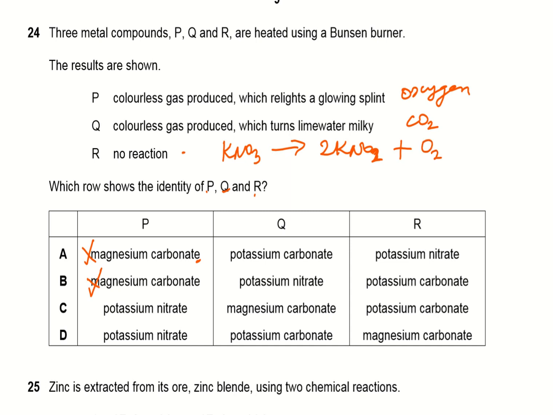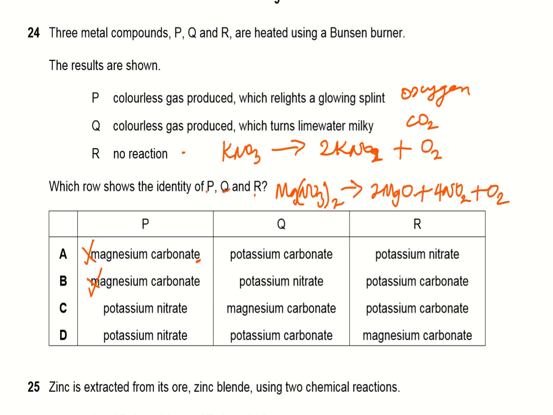Nitrates of moderately reactive metals will produce 3 products. For example, magnesium nitrate, when it decomposes, is going to form magnesium oxide plus nitrogen dioxide plus oxygen.